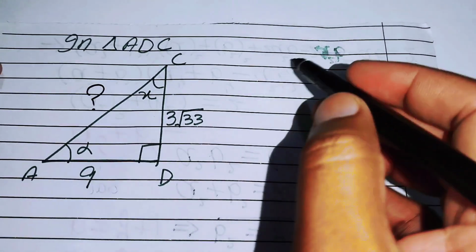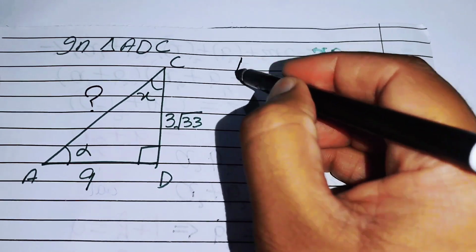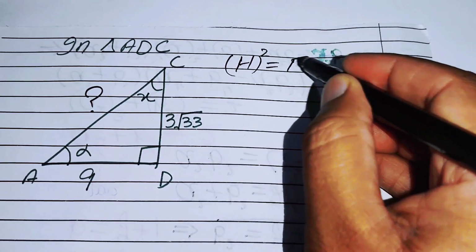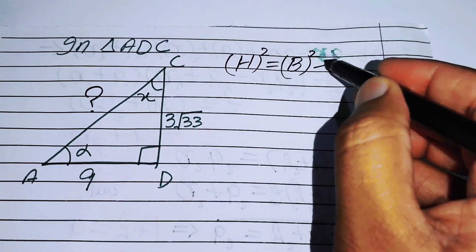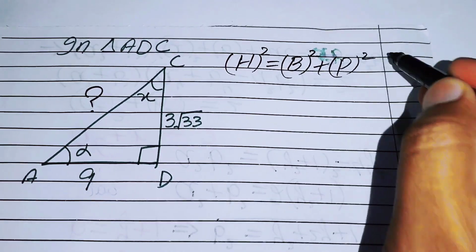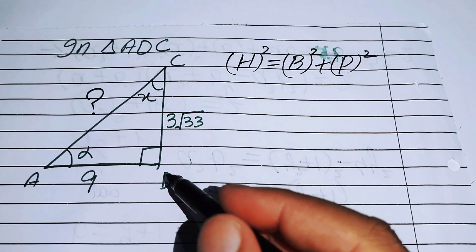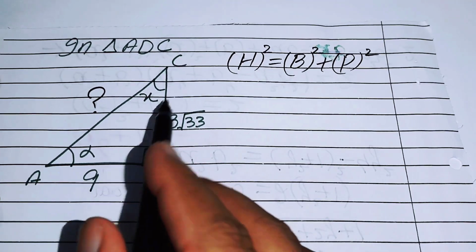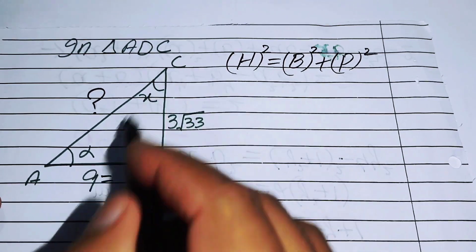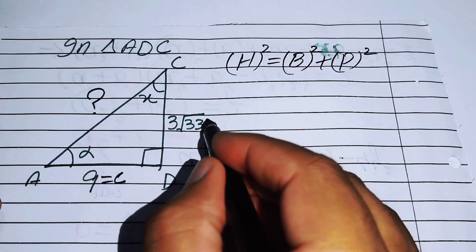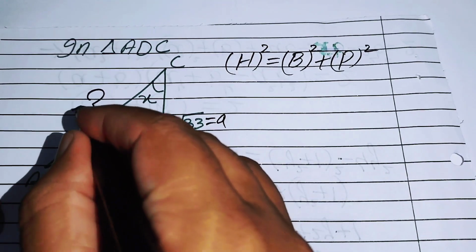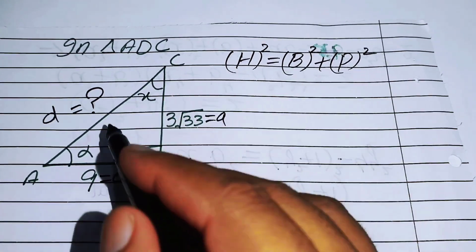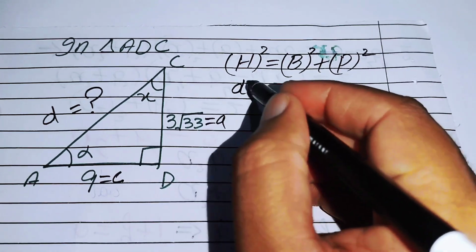Here I can again use the Pythagoras theorem: hypotenuse square is equal to base square plus perpendicular square. Here I can name this the value of C, this the value of small a, and this the value of D.